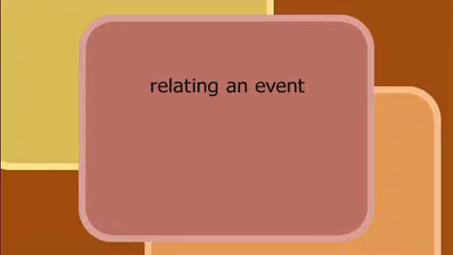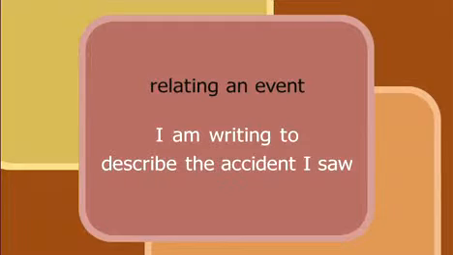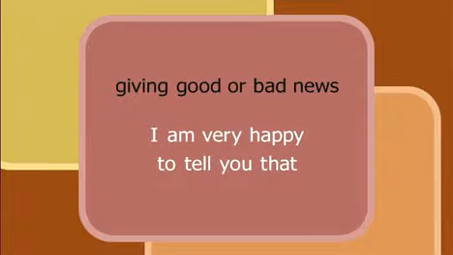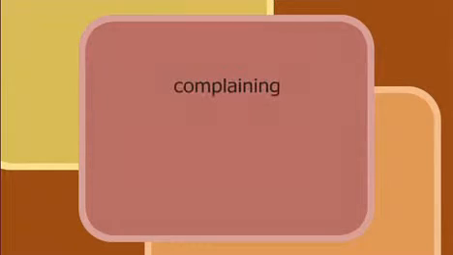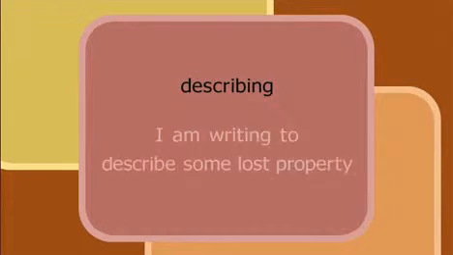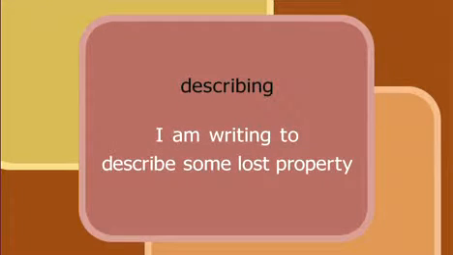Relating an event, I am writing to describe the accident I saw. Giving good or bad news, I am very happy to tell you that. Complaining, I am writing to complain about. Describing, I am writing to describe some lost property.